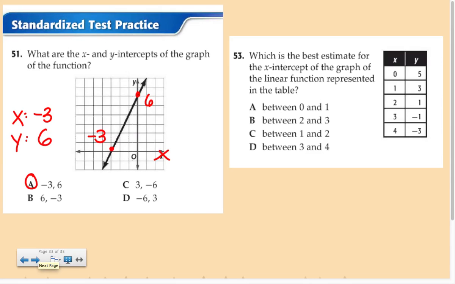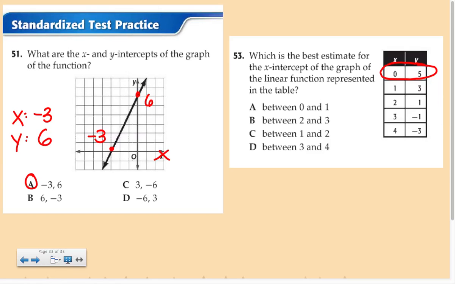Which is the best estimate for the x-intercept of the graph of the linear function represented in the table? Well, if you look at this table, we only have 1, 0. So that's automatically where we have to go. If x is 0, then y is 5. Okay, something is wrong here. Okay, they want us to make an estimation.